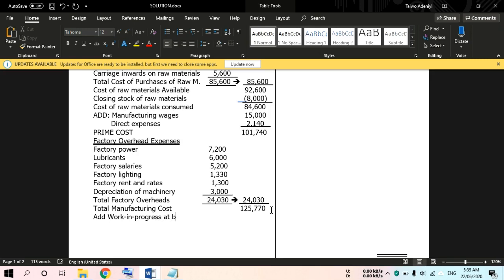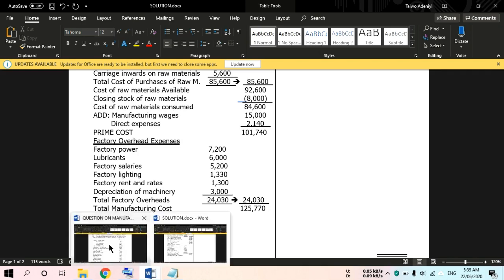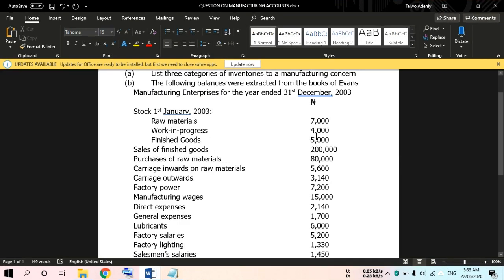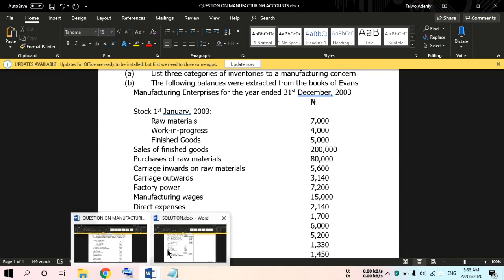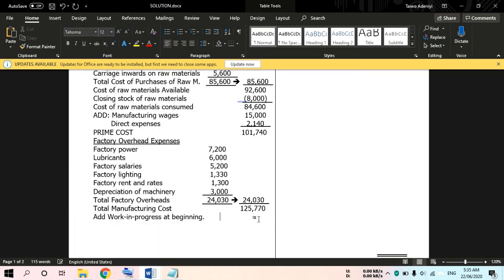At the beginning, in the question, the work in progress is 4,000 naira.